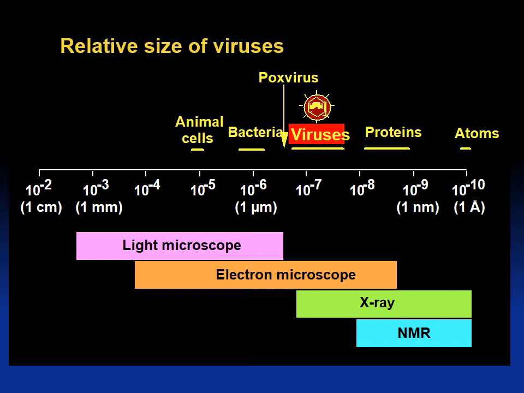Pox virus tends to have a quite large structure. Therefore, light microscopes help in detecting pox virus. And this is probably the only virus that could be detected by a light microscope.